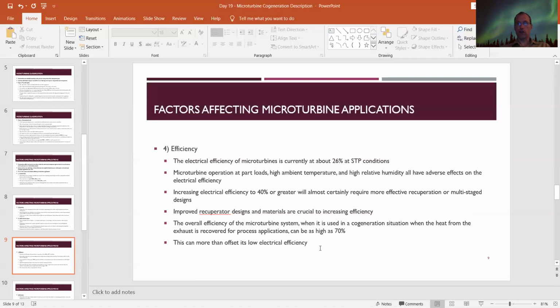Relative humidity is also not a good thing. If you have higher humidity, the efficiency goes down. So all these have adverse effects on the electrical efficiency. If we want to get that 26% up to about 40% or greater, you're definitely going to need more effective recuperation or possibly even a multi-stage design.